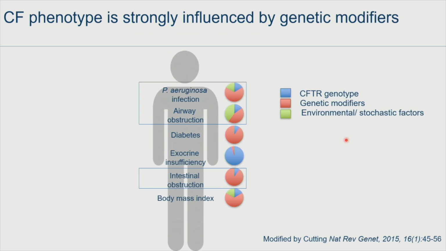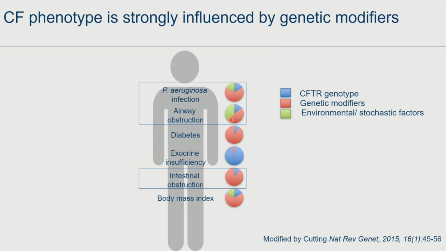When we look to humans, we have another level of complexity because we all know that cystic fibrosis is determined by CFTR mutation, but the CFTR mutation is not the only factor responsible for the CF phenotype, because the cystic fibrosis phenotype is strongly influenced by genetic modifiers. And this concept is very evident for lung and gut.